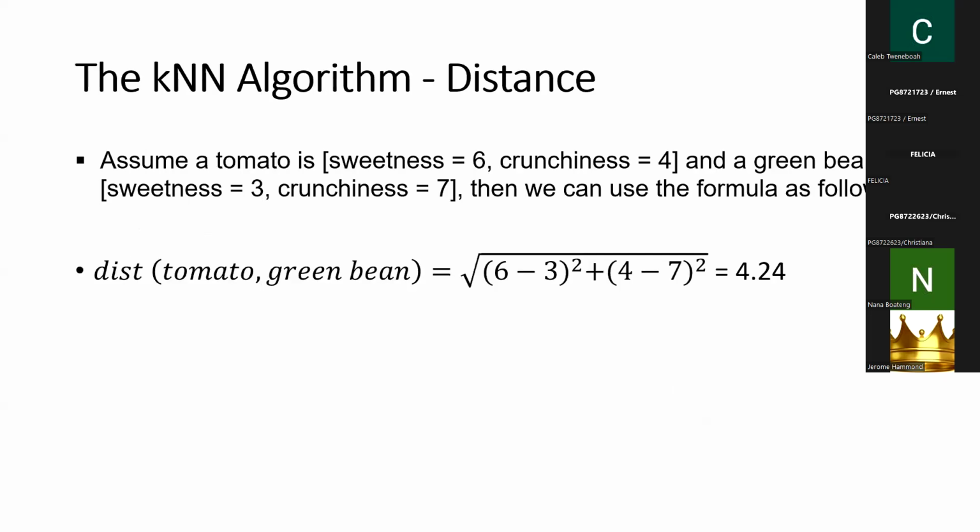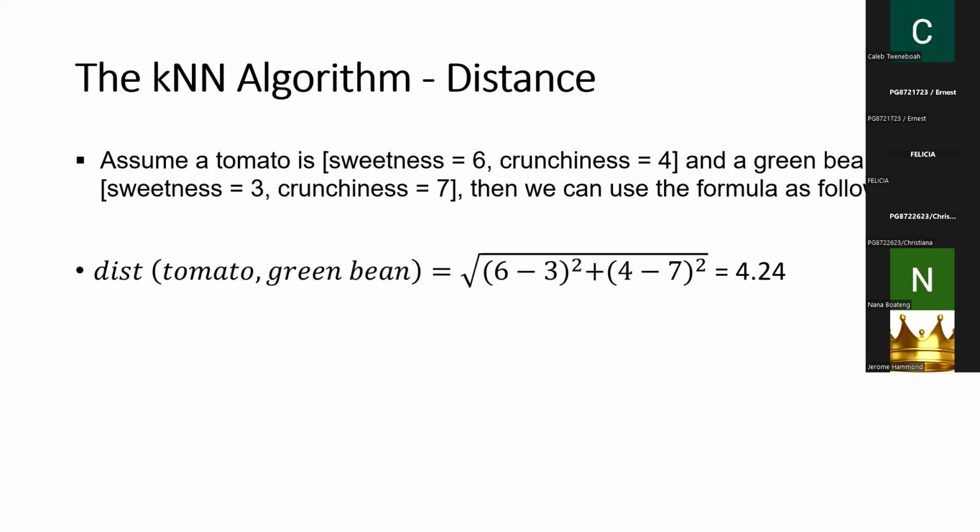Let's say we have tomatoes. The sweetness of the tomatoes is 6. The crunchiness of the tomatoes is 4. Let's say we've established this. And then we have a green bean with sweetness 3 and crunchiness 7.